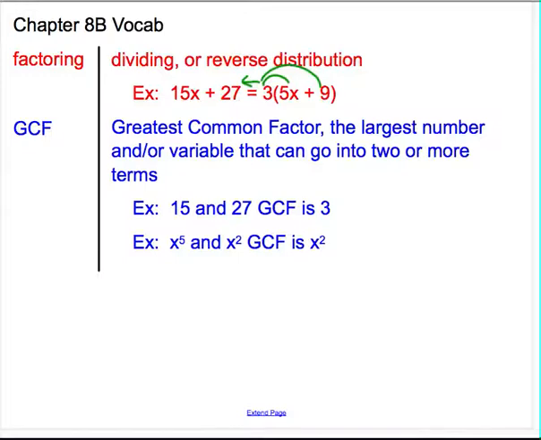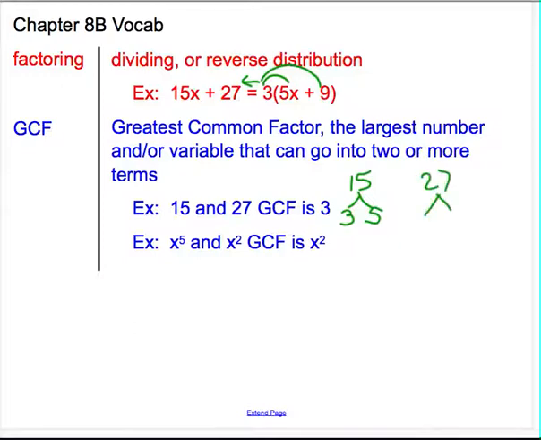So the first type of factoring we're going to be looking at is GCF, or greatest common factor. And you've seen this with two numbers, like my first example. If we're looking for the greatest common factor of 15 and 27, you would think about what goes into both numbers. If they're not numbers you're familiar with, you can do your factor tree. So 15 is 3 times 5. And you'll stop your factor tree when you have all primes.